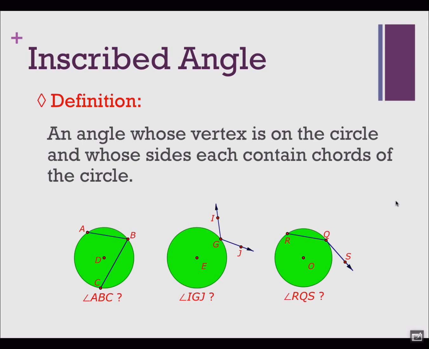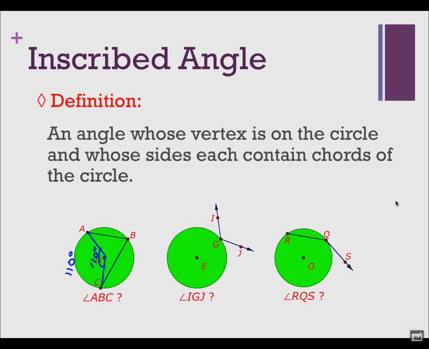Okay, let's do this. If this is 110 degrees, how big is that angle? 110 degrees. That's a central angle, and we know that the central angle is equal to the intercepted arc. How big is angle ABC? And you're arguing it's also 110? No, that's silly. How big do you think it is?